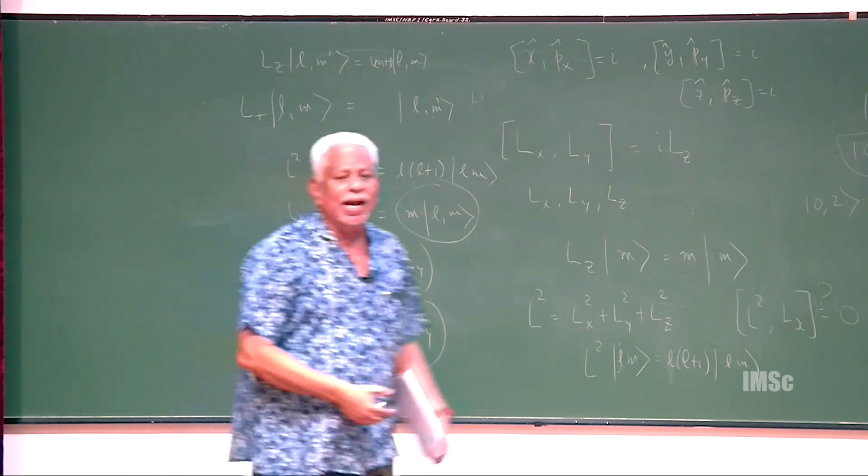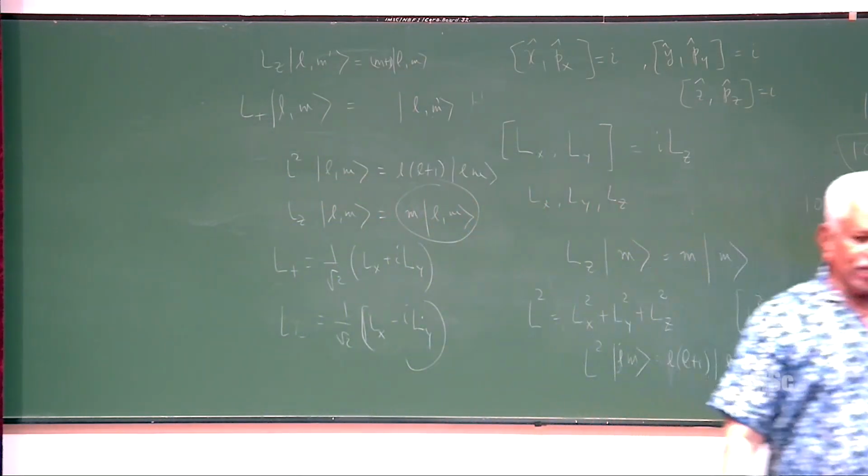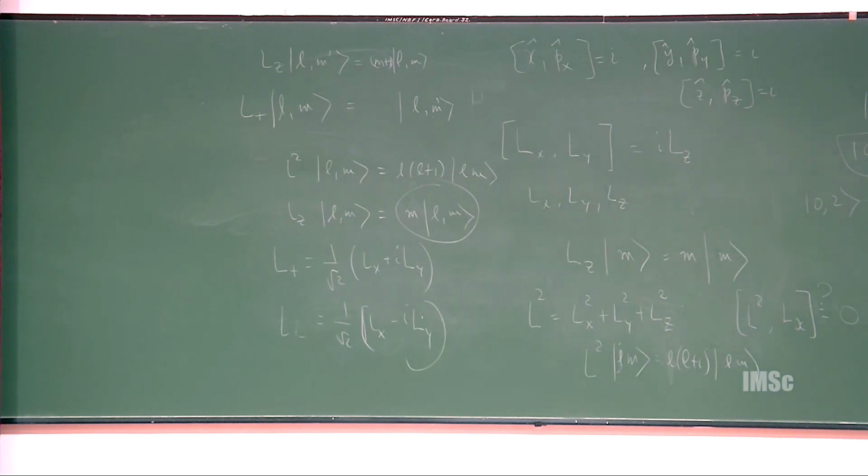One step above, it is a ladder operator, it just takes you one step above. L plus square will take you 2 steps above, L plus cube will take you 3 steps above. So L minus will lower it one by one.